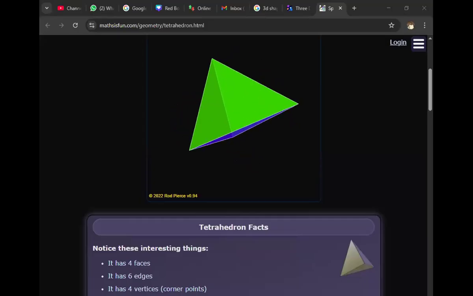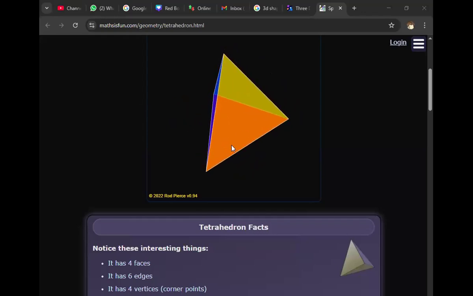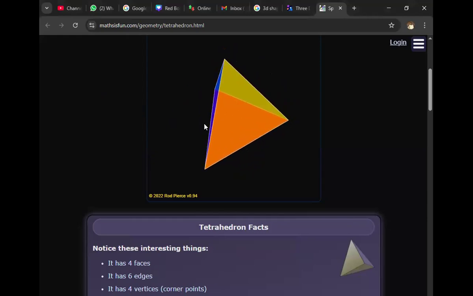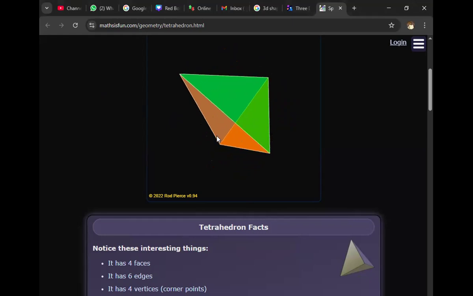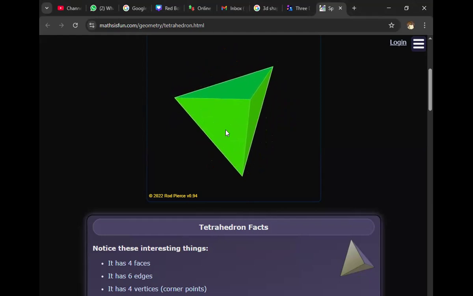Right, guys, can you see this? So this is a tetrahedron. It is rotating, and if you look at it like this, you can see all the faces are triangular.